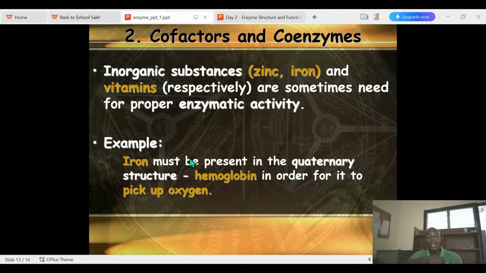If there is no iron, there will be no function of the hemoglobin. In fact, there will not even be the hemoglobin. So that is a cofactor. It's an inorganic mineral found in the hemoglobin for the hemoglobin to work.